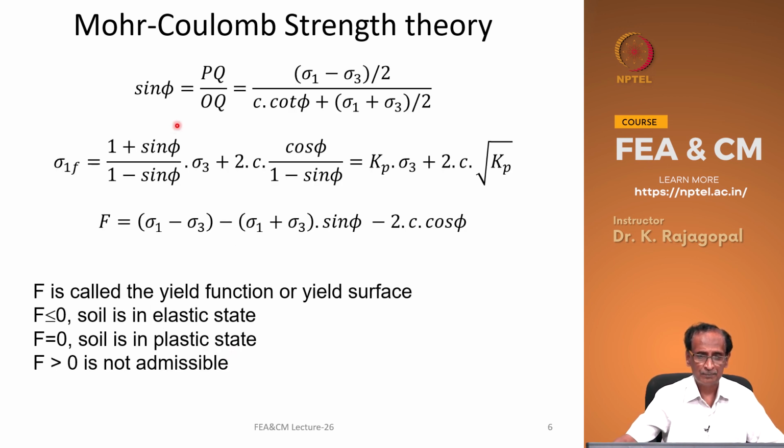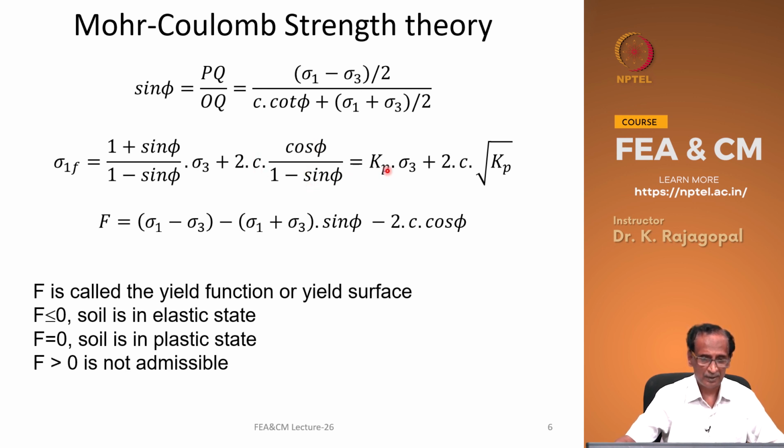And sin phi is PQ by OQ, and by simplifying this equation we can write sigma 1f, that is the maximum principal stress sigma 1, as (1 plus sin phi) by (1 minus sin phi) times sigma 3 plus 2c cosine phi by (1 minus sin phi).